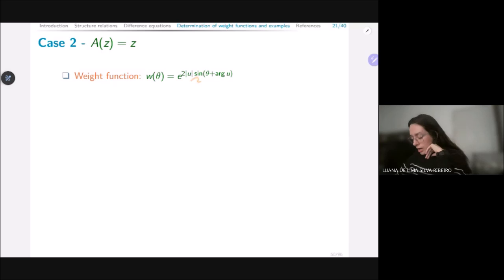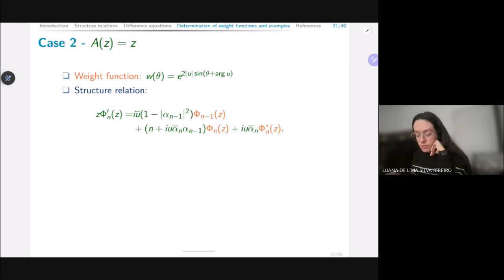So instead of using B2, I define B2 like this, parameter u, to simplify our formulas. So the structure relation from theorem 1 will be like this. z times the first derivative of the polynomial phi n is a linear combination of a polynomial of degree n minus 1 and the reverse polynomial of phi n.